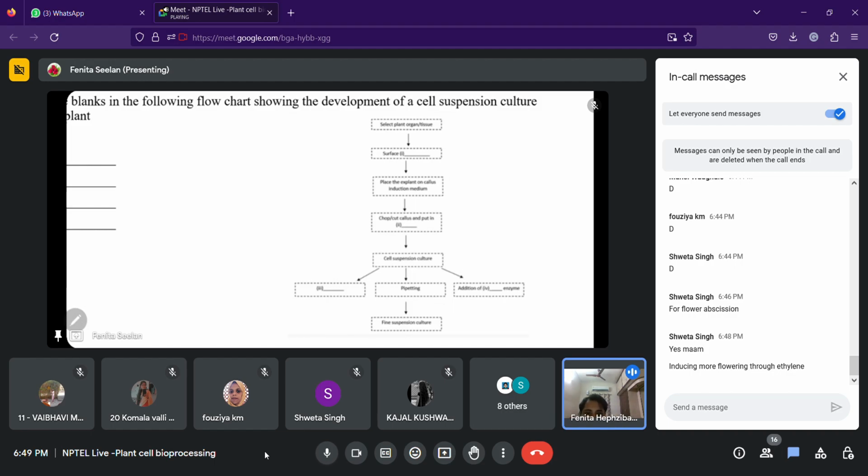There are some blanks in this. I'm sorry, this picture is not so clear. Yes, ma'am. In the second phase, the blank will be sterilization. Sorry, Fauzia, I was not able to hear you.